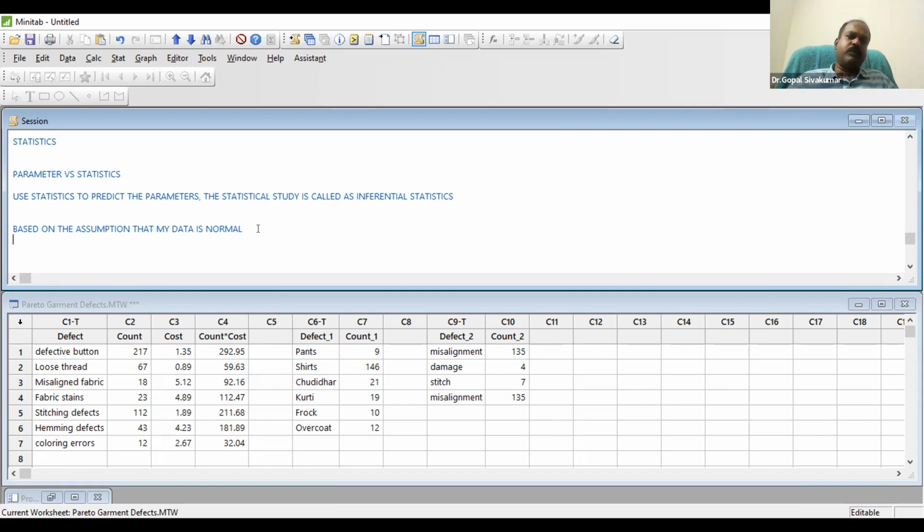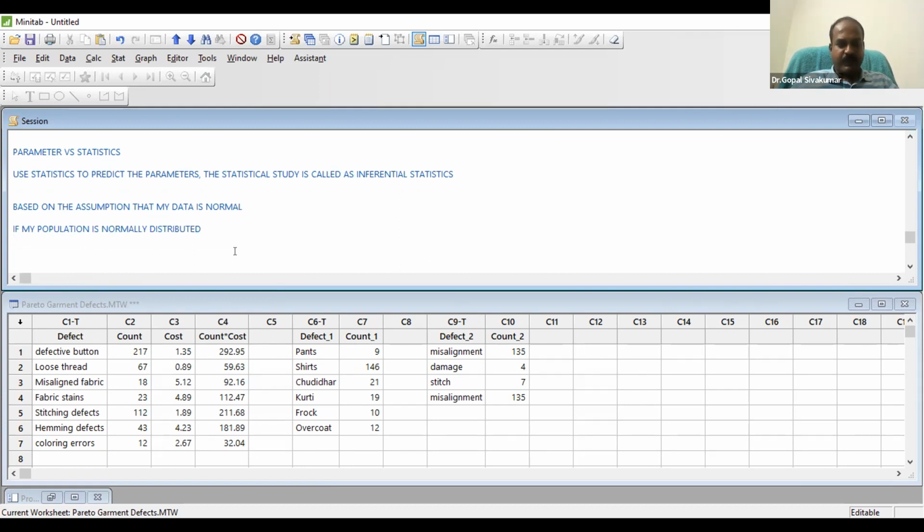So now our assumption is based on the data is normal. Now, if my population is normal, or population is normally distributed, if my population is normally distributed, now chance for my sample to get normally distributed will be high or low?